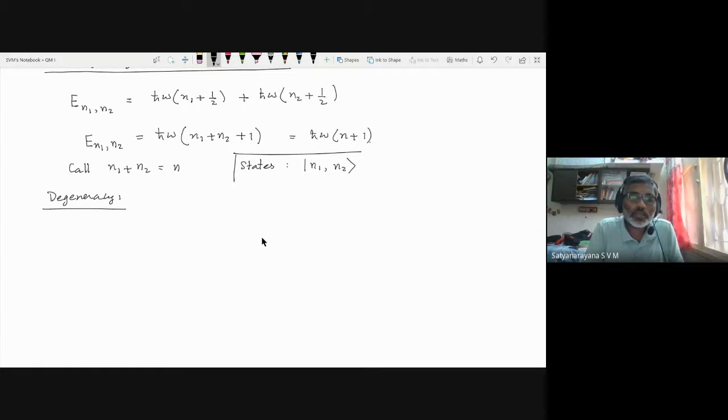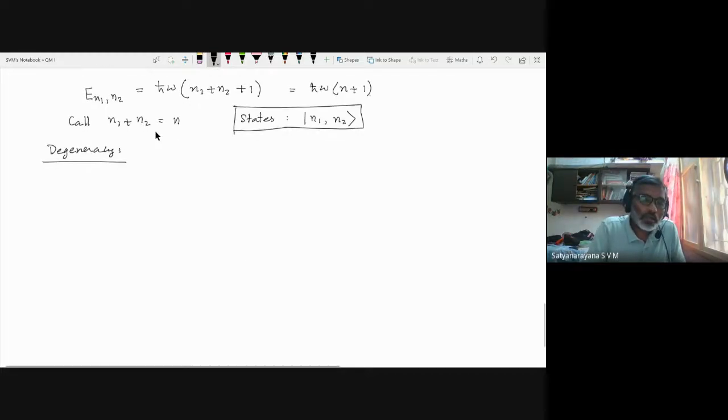So now let us write down a tabular column where I give a value n, and then what is your En, and then the states that give rise to the same energy, and then what is the degeneracy.